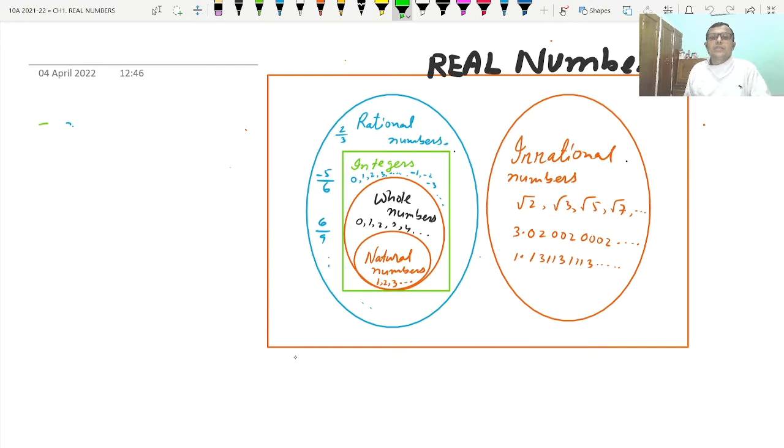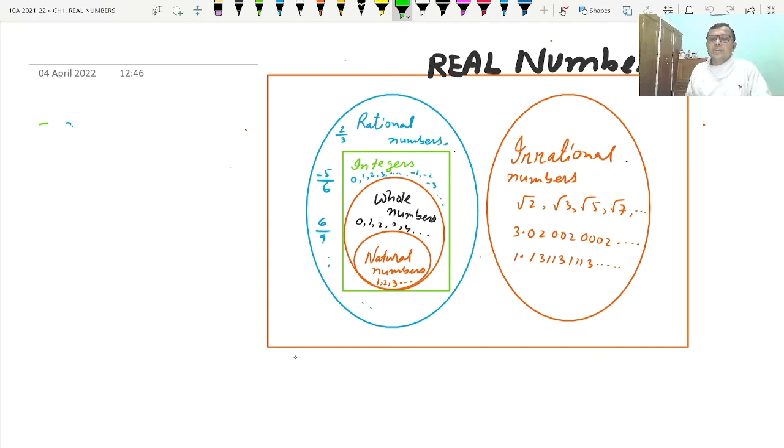Let us go to the pictorial representation of this. These are natural numbers. If you add 0, it will be whole numbers. If you add negative numbers, it will be integers. If you add fractional numbers, this set will be rational numbers. Then irrational numbers will be this: root 2, root 3, root 5, root 7, and non-terminating, non-recurring decimals like 3.0200200002, 1.13113.